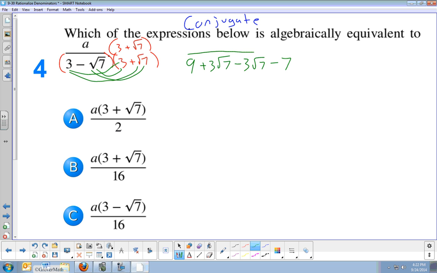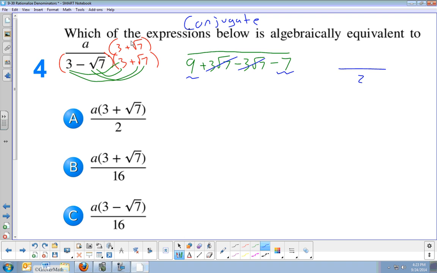And so what do you notice happens on the bottom? First of all, our last term of radical times radical cancels out the radical, and it's not a radical anymore, it's just a 7. And the two middle terms do have radicals, but they are additive inverses, and they cancel each other out. So all I'm left with is 9 minus 7, which is 2. And so I no longer have a radical in the bottom. And so that's why conjugates work in this scenario.